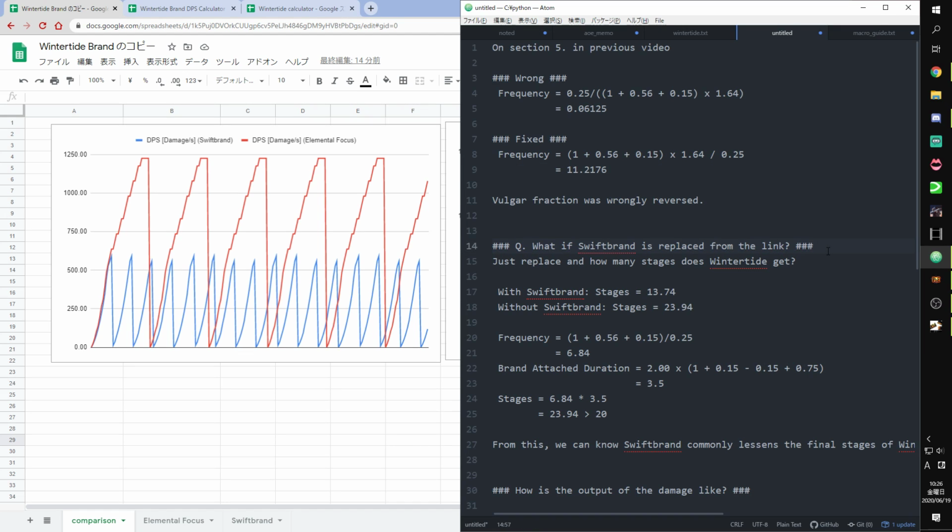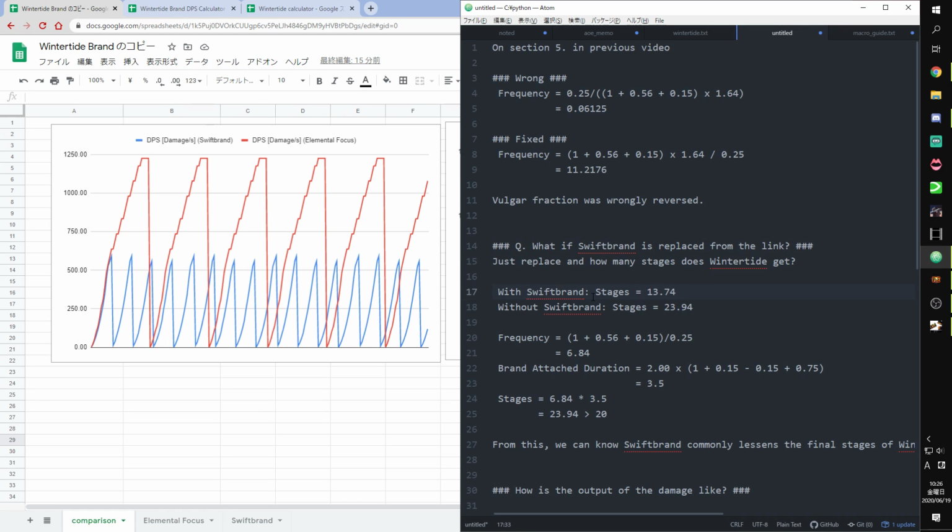Here is the main section of this video. Question: what if Swiftbrand is replaced from the link? I noticed yesterday Swiftbrand is perhaps a weak, bad gem for Wintertide, and I calculated by replacing this gem.